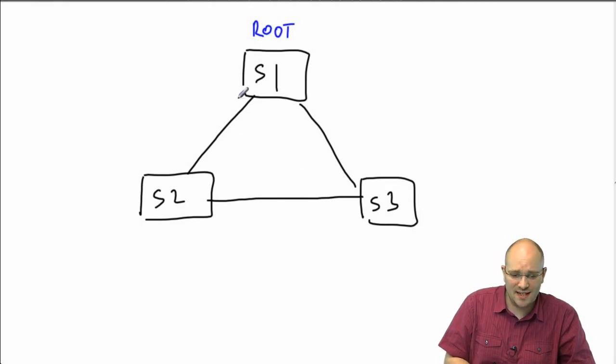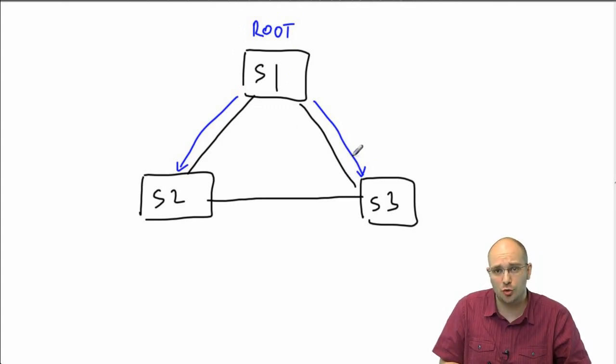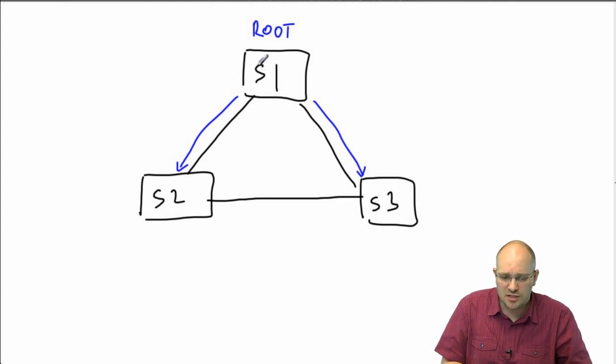When switch 1 sends the BPDUs out of its 2 ports here, it is going to advertise the cost to reach the root. Because switch 1 is the root itself, the advertised cost sent in these BPDUs is going to be 0 in both cases.